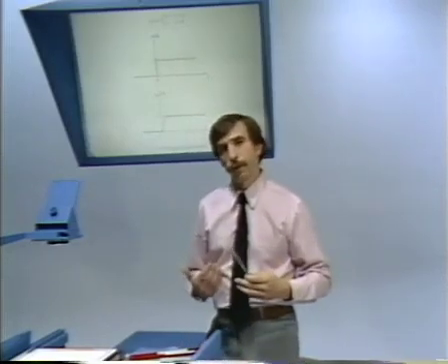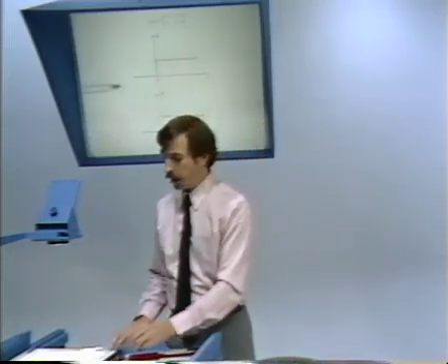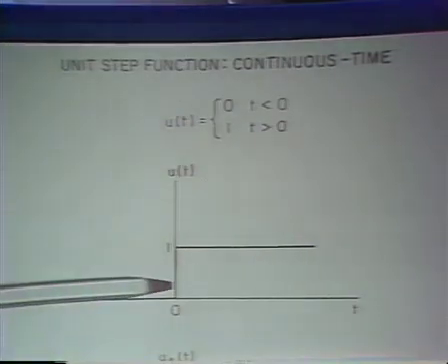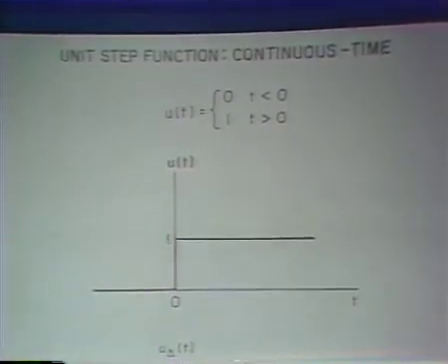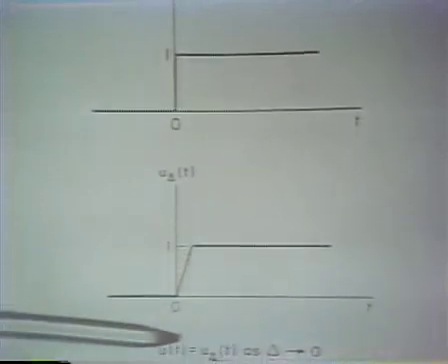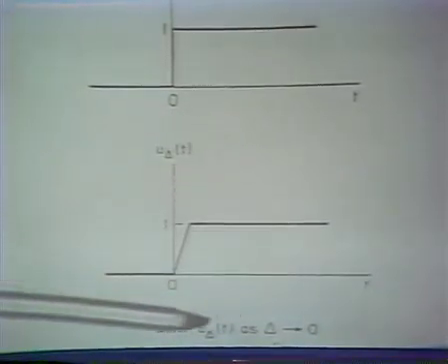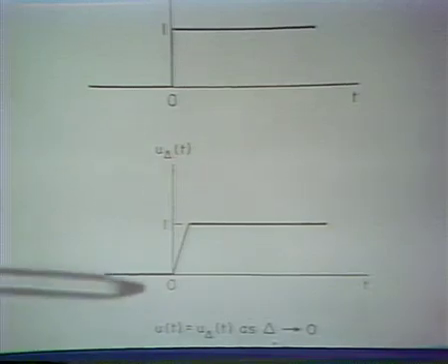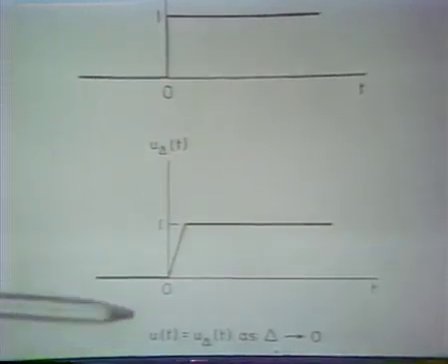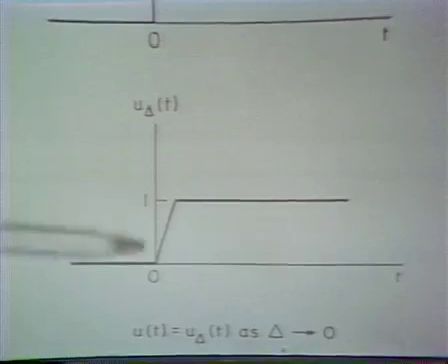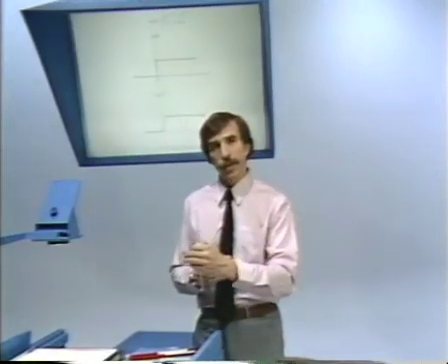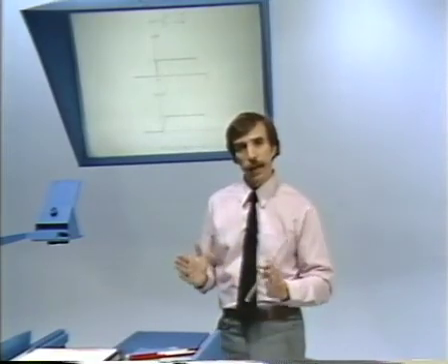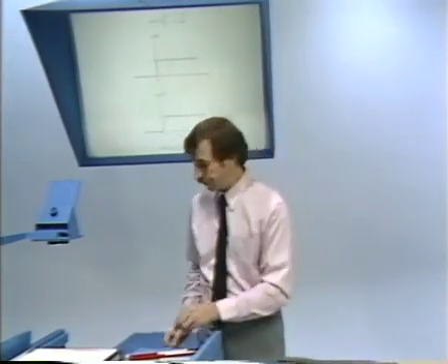Of course, we just finished discussing the fact that the unit step function is in fact discontinuous at t equals 0. But we can think of its derivative as related to this approximation to the unit step. And specifically, we will think of the continuous time impulse as the derivative of u sub delta of t as delta goes to 0. So to define the unit impulse, we think of the derivative of this approximation to the unit step and then observe what happens as delta goes to 0.